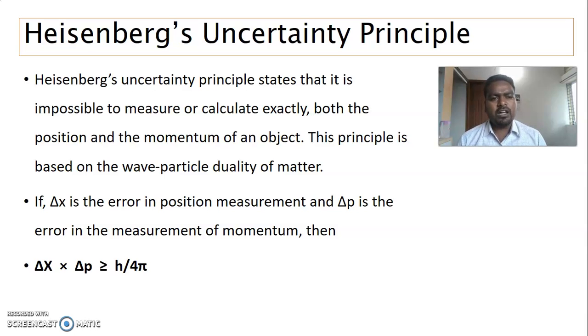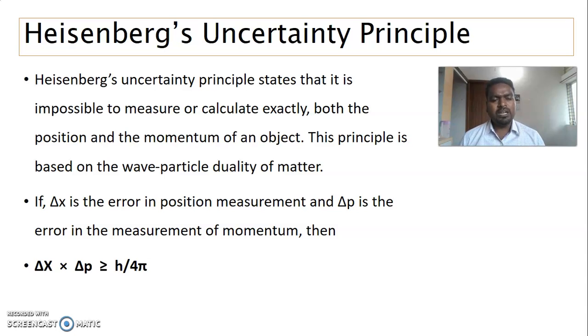Another important concept that is helpful to understand the structure of an atom is the Heisenberg uncertainty principle. According to this principle, we predict the position of an electron around the nucleus, because electron is revolving around the nucleus, and according to Bohr, the electron revolves in a particular path.